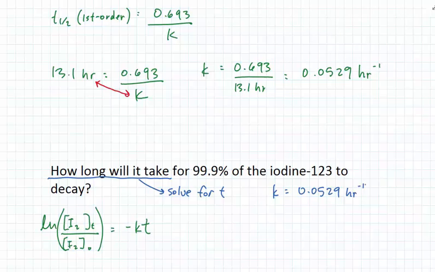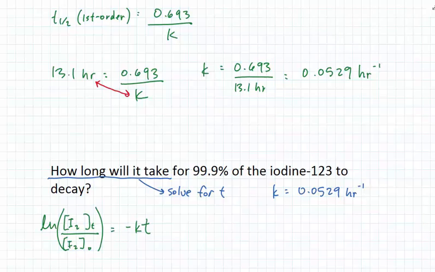That's not quite what we're asking for, though, right? I want to know how long it takes for 99.9% of it to disappear, to go away. So if you started with 1, what would it be at time t? It would be something really small. But you have to be careful with the percentages here.